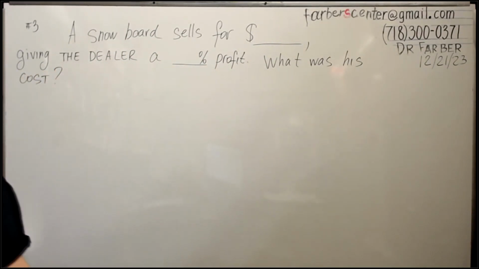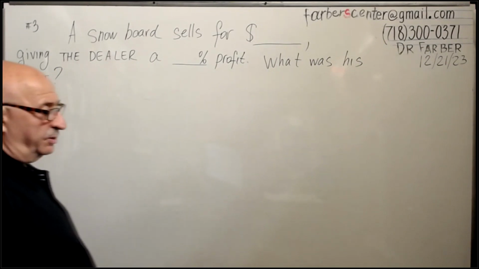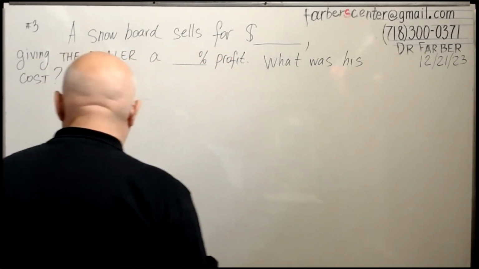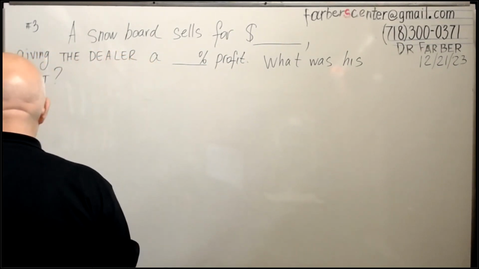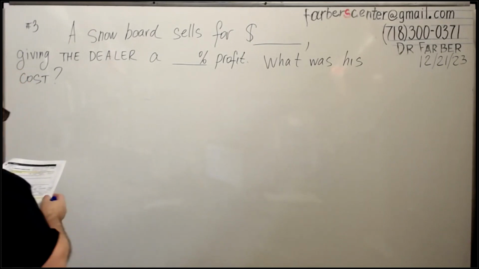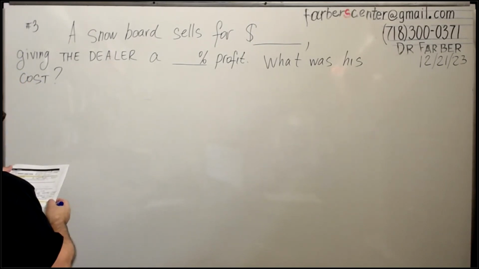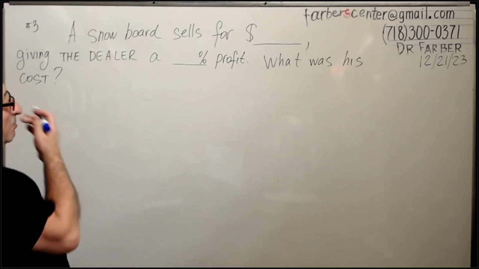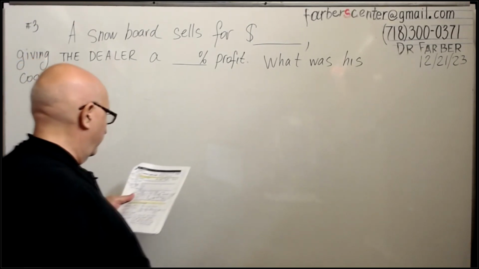So all these questions are based on terminology. Terminology is not complicated here, right? Don't be afraid of this terminology. And what we have here, you can do two different ways. I give you numbers.